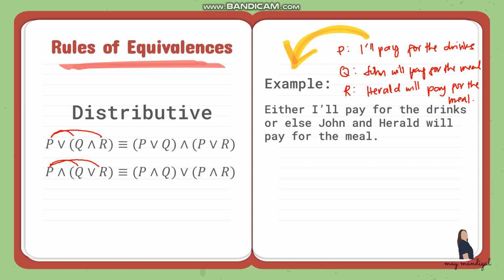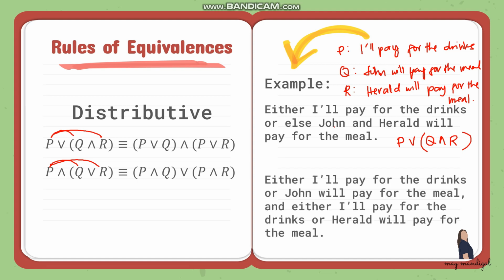So if we write this into its propositional form, either I'll pay for the drinks or else John and Harold will pay for the meal. So if we write the equivalent statement of this using distributive, we have either I'll pay for the drinks or John will pay for the meal, and either I'll pay for the drinks or Harold will pay for the meal.